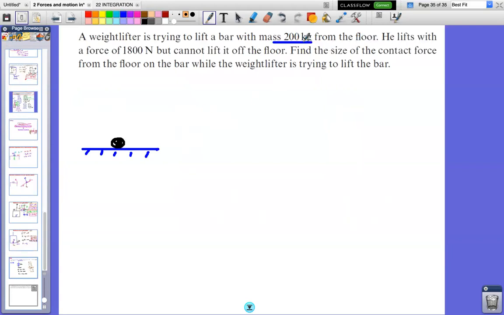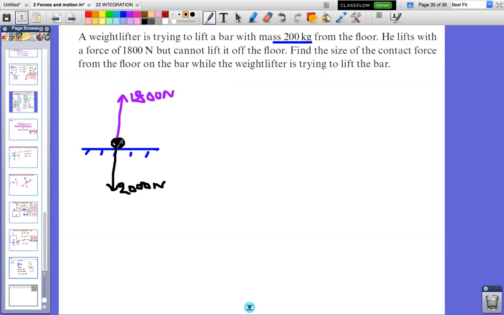The mass of the bar is 200 kilograms, so the weight of the bar will be 2,000 newtons. He lifts with a force of 1,800 newtons. So he applies a force of 1,800 newtons. But he cannot lift it off the floor. It doesn't move off the floor.